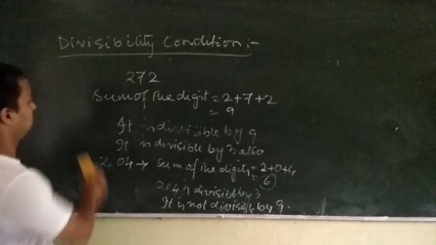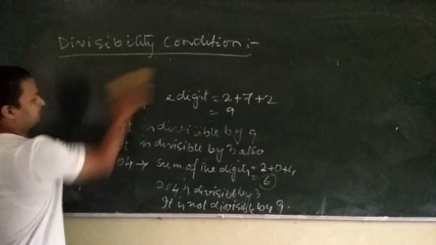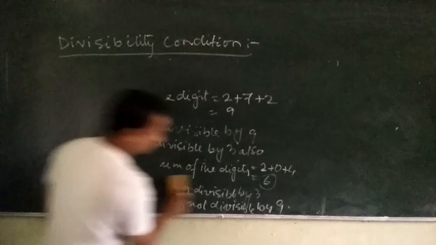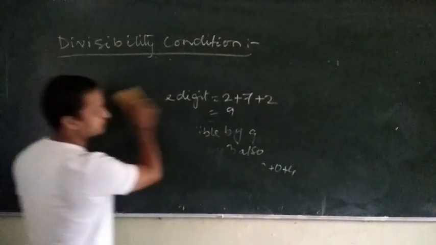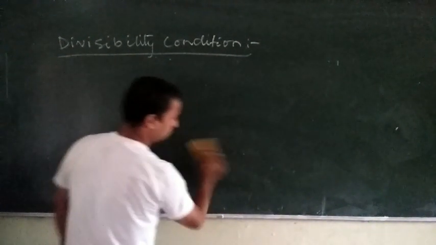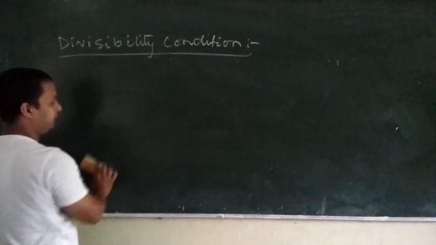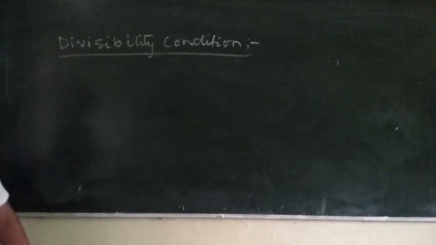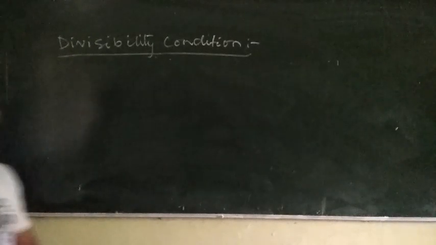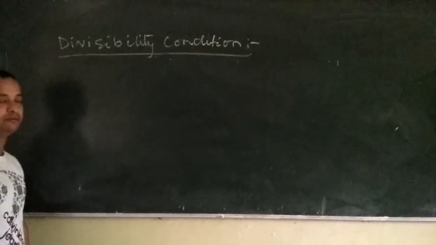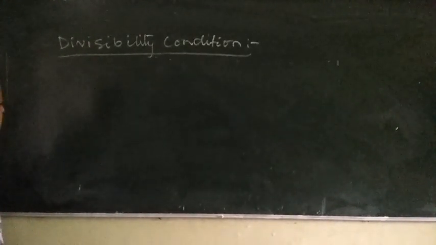Clear? So if a number is divisible by 3, it is not mandatory that it is divisible by 9. But if a number is divisible by 9, it should be divisible by 3.